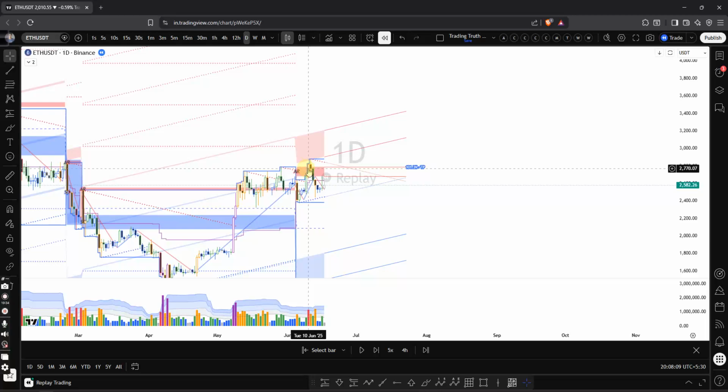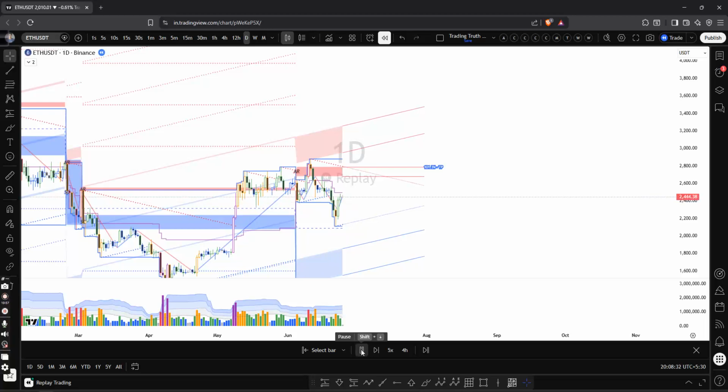Then we tried to break above but couldn't, came back to the structure, and it's still coming down here. It's going to take support around here, which it's already doing. Whenever there's a pullback, then we can take a trade.